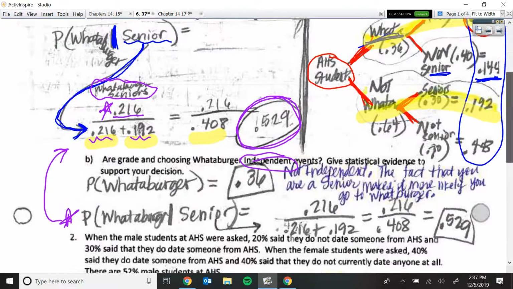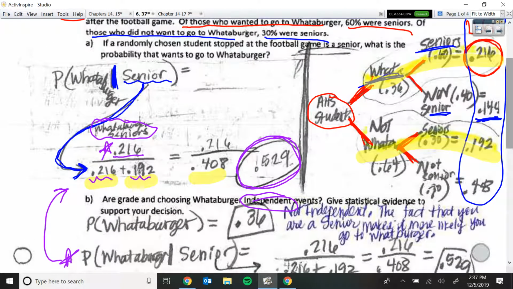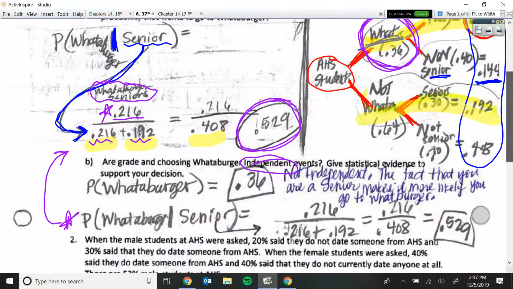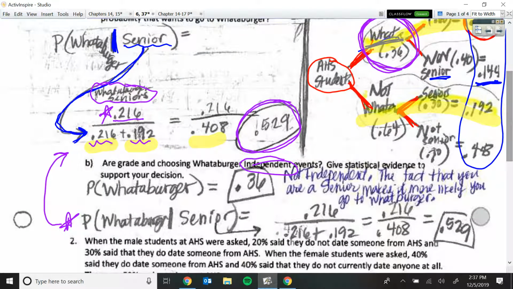Okay? And here is my overall going to Whataburger. The seniors and non-seniors together are 36% of the sample that go to Whataburger. All right. So what do you have to say about that? So 36% go to Whataburger, but if you're a senior, what? 52.9%.